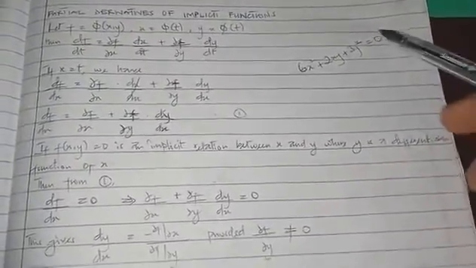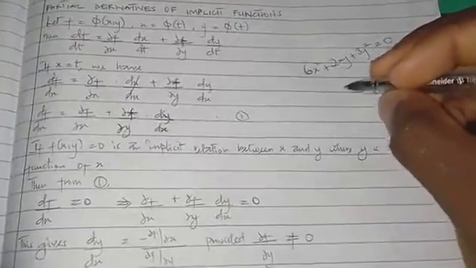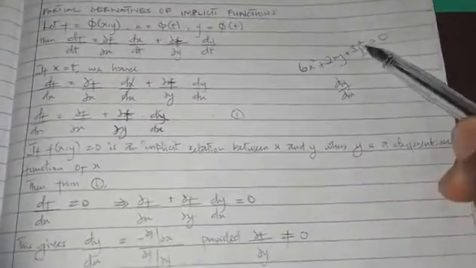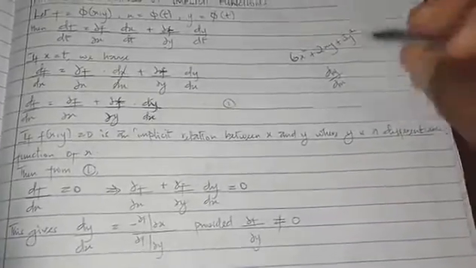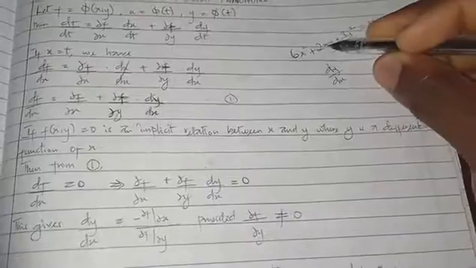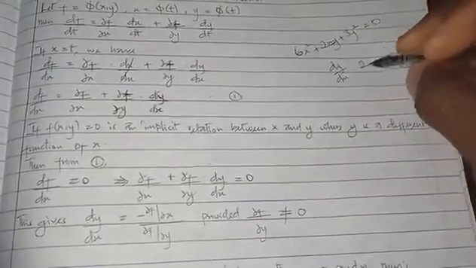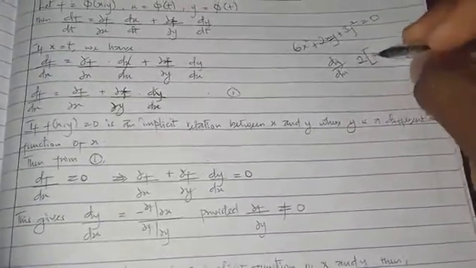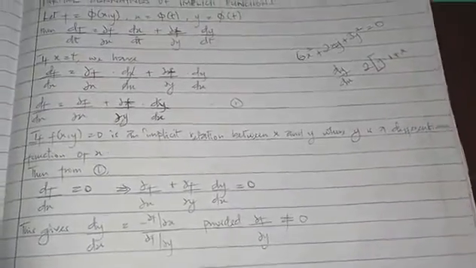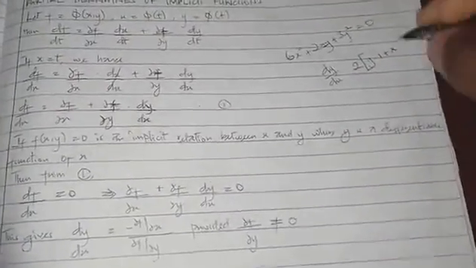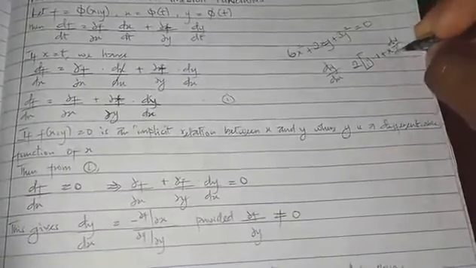If they ask you to find dy over dx, normally you differentiate with respect to x. Now, if you want to differentiate, you're going to use the product rule: v du/dx plus u dv/dx. The rate of change of y with respect to x is going to be dy over dx.